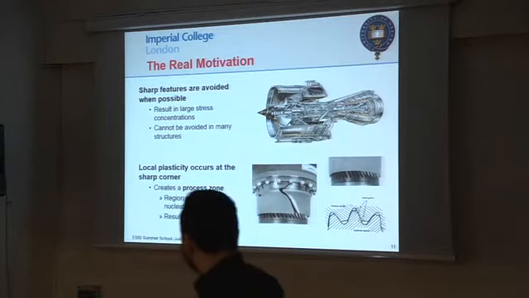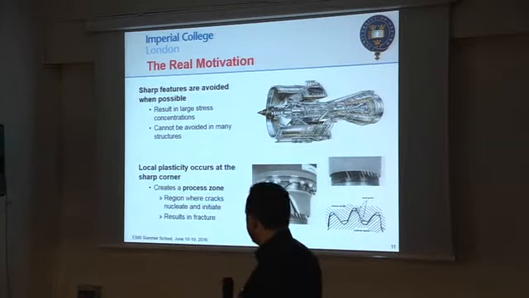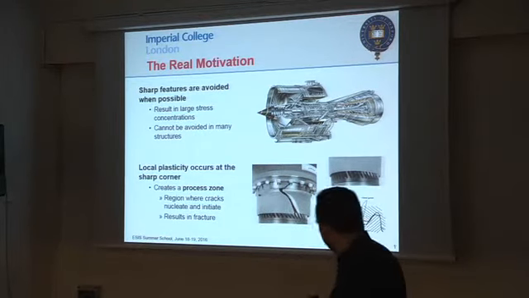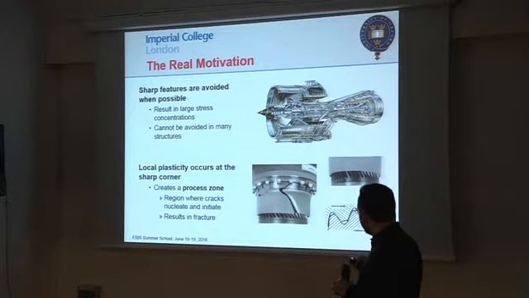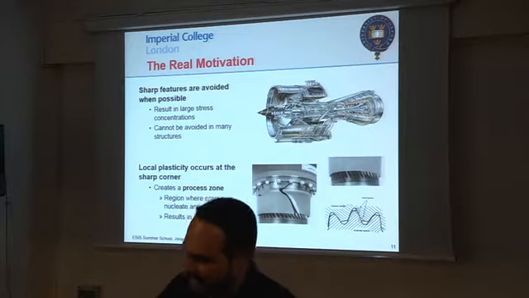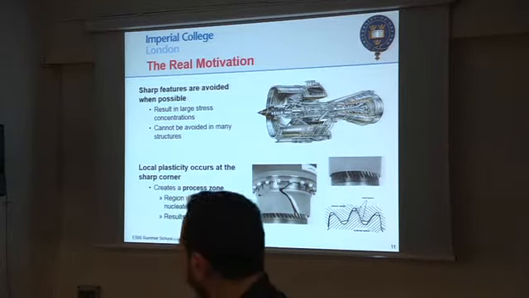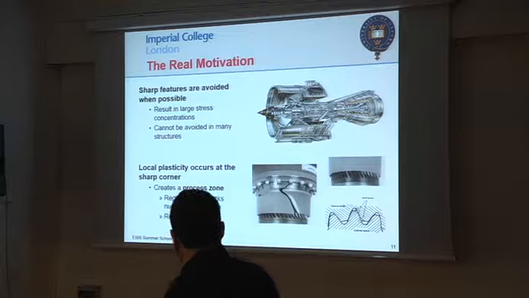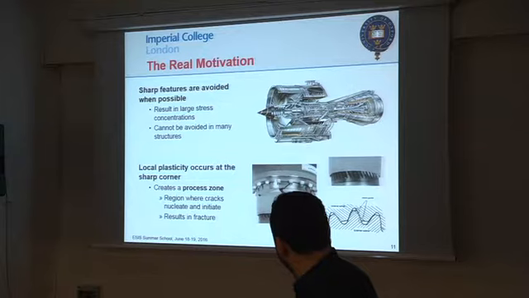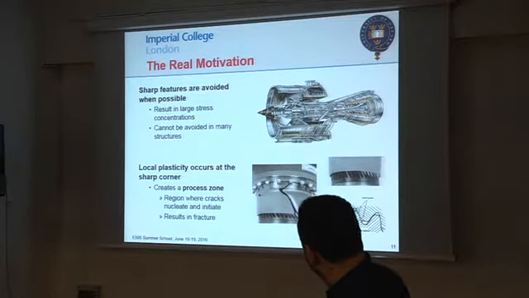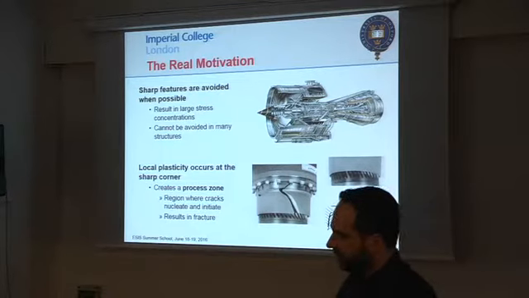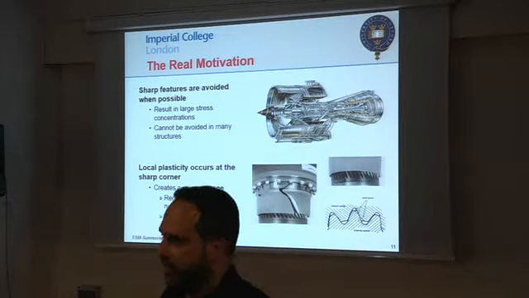And these corners being sharp, you really create a localized plasticity, and damage is very, very local. It only happens really very close to these corners. So one of the ideas was, let's try to understand this from a mathematical point of view. Can we actually study problems in which you have these important features happening, for example, the contact in the spline shaft there, and try to predict damage looking specifically at those features.